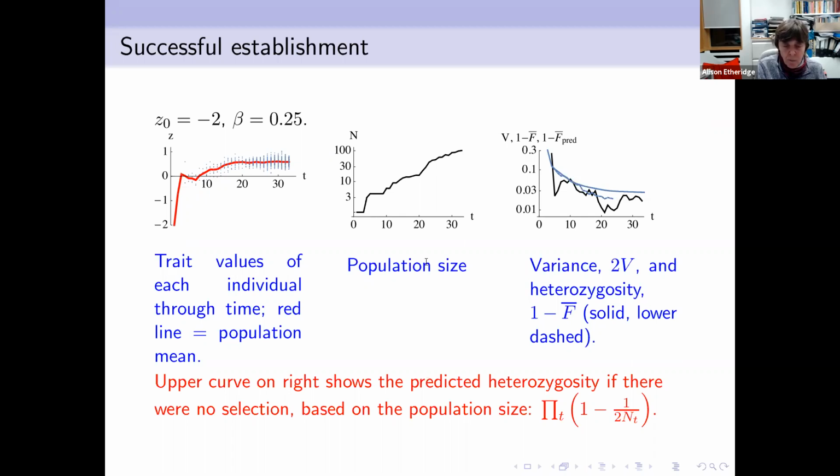So if you just looked at the population size and imagined you were sampling at random from that population, then your predicted heterozygosity would follow this upper curve here. So it sits above the actual one, which is the wiggledy blue line underneath it, but not ridiculously far above, in fact. And that's important for one of the approximations we make a little bit later on. But it does sit below it.